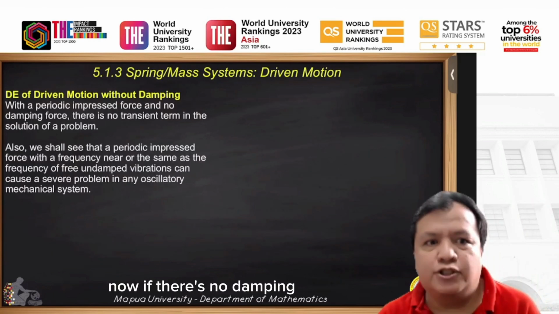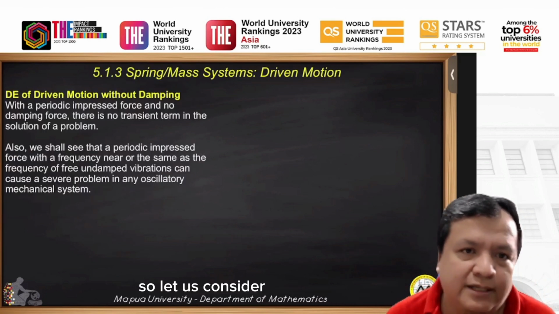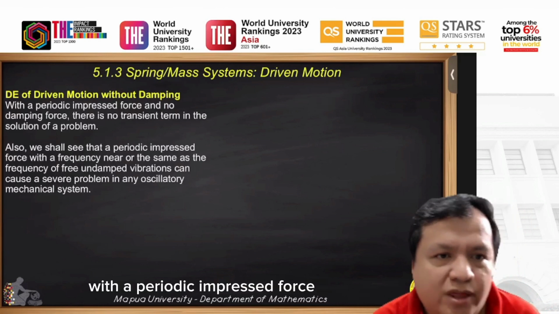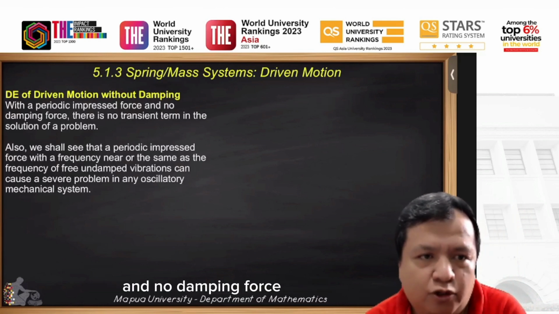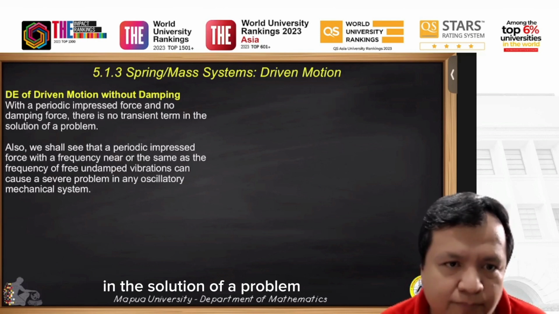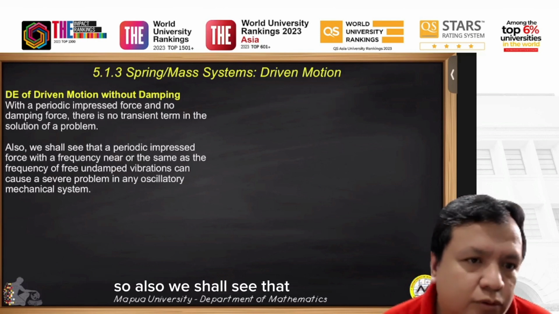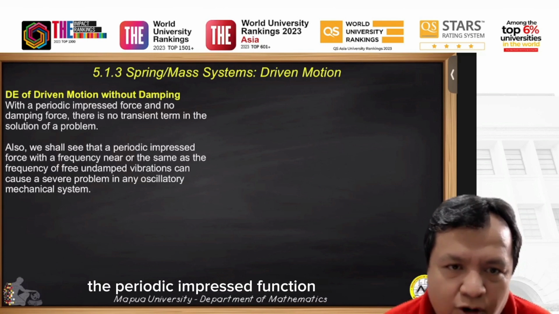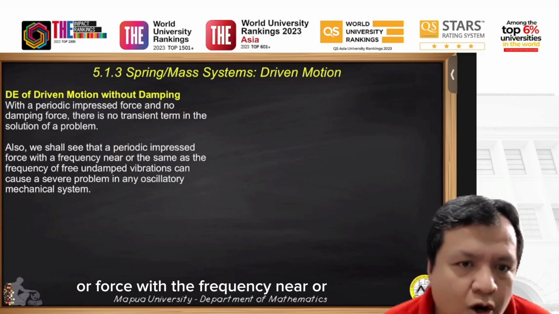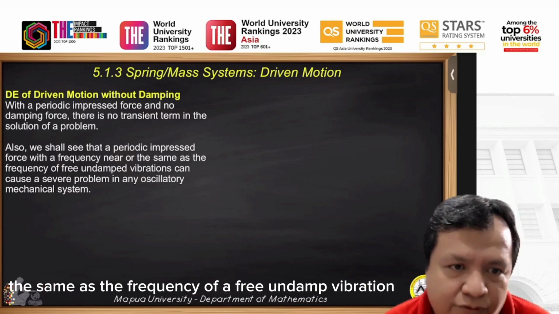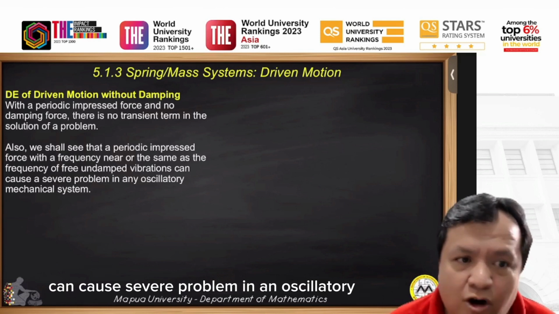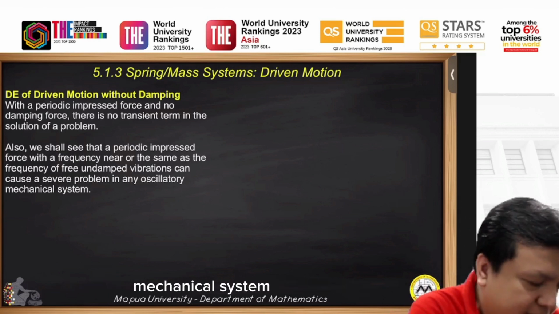Now let us consider a driven motion without damping. With a periodic impressed force and no damping force, there's no transient term in the solution of the problem. Also, we shall see that a periodic impressed force with a frequency near or the same as the frequency of a free undamped vibration can cause severe problems in an oscillatory mechanical system.